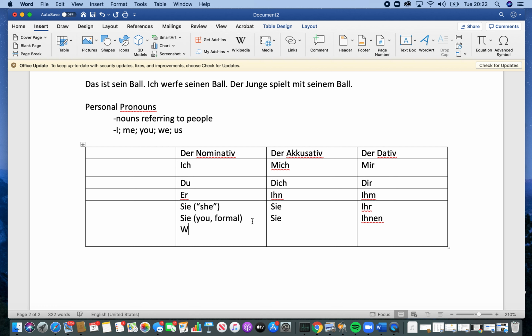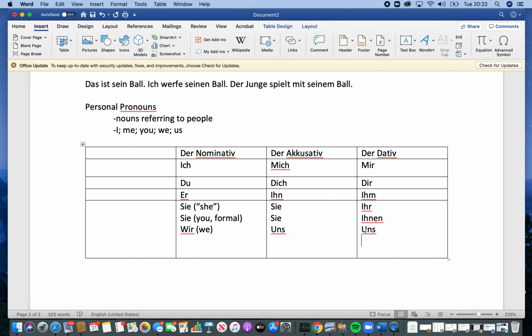You have wir, we. This one changes, as it does in English. Uns. So we have we and us. Sie haben im Deutschen wir und uns. Und das bleibt uns im Dativ. So that's pretty simple.